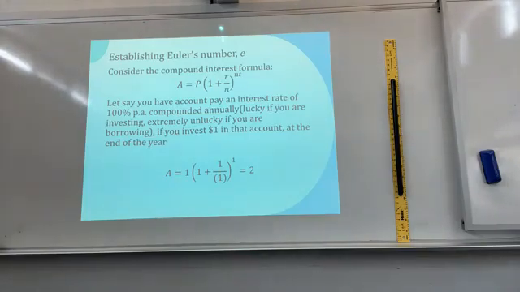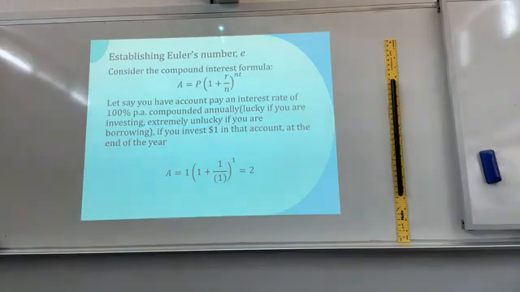So if you invest $1 in that account, at the end of the year, what happens? n is 1, the compounding period is 1. t is 1 year, and r is 100%, which is 1. So 1 plus 1 over 1, to the power of 1, that's 2. So therefore you doubled it, correct?